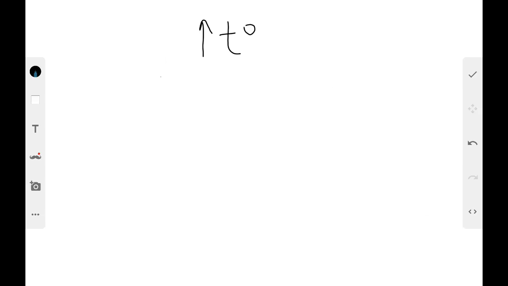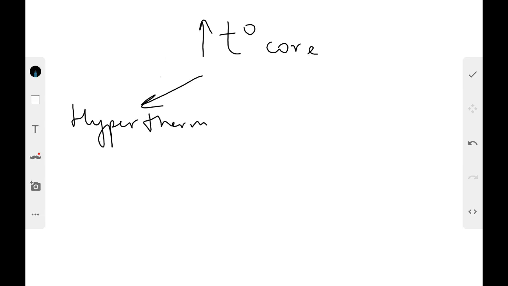So the increase of the core temperature we have in the case of hyperthermia, and in the case of fever. But they are absolutely different. Hyperthermia is induced by the increase of the temperature of the environment.